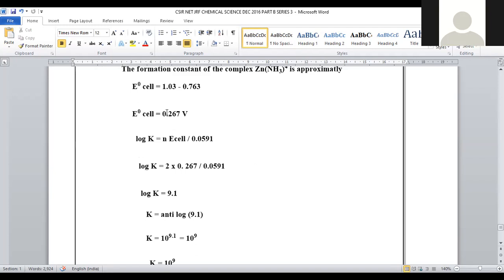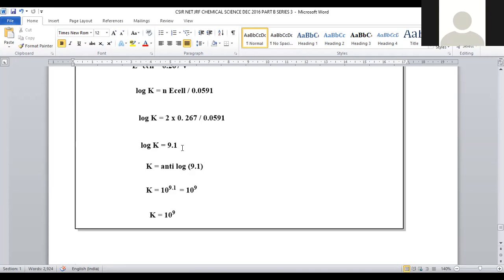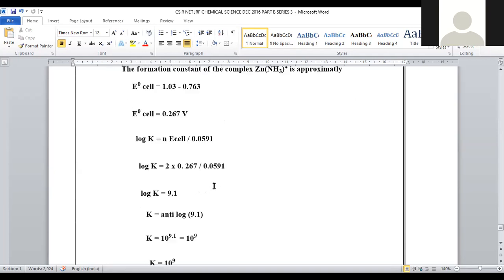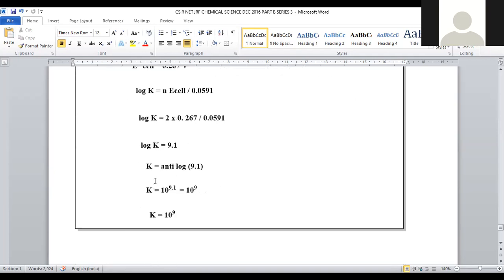So 2 into E cell. E cell is 0.267. 2 into 0.267 by 0.0591. That is log value. How much will it be? 9.1. But what we need is the formation constant. Formation constant needed to be predicted. That's why here the log should be discarded.